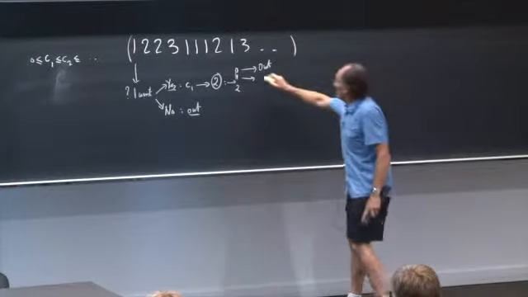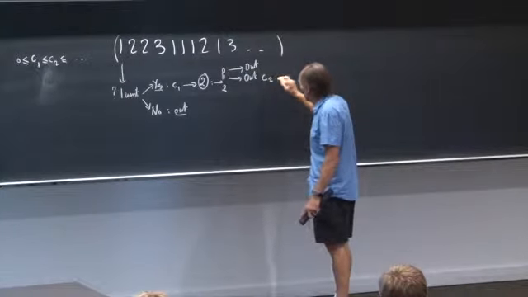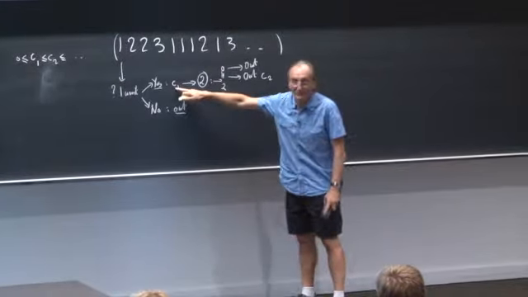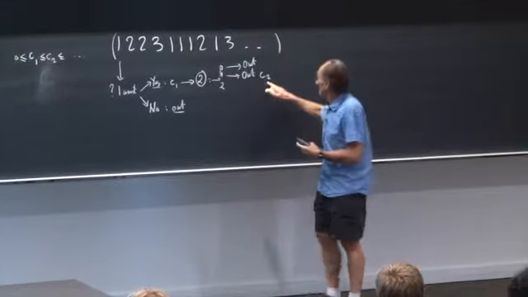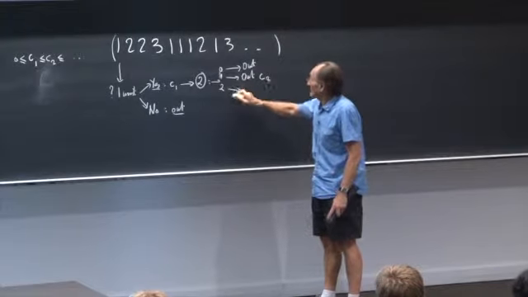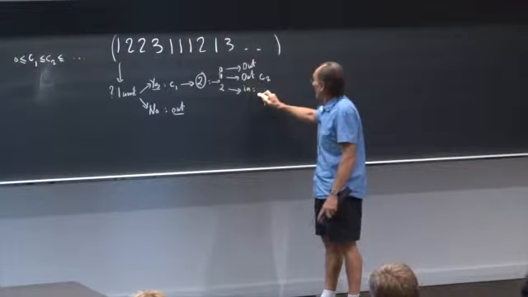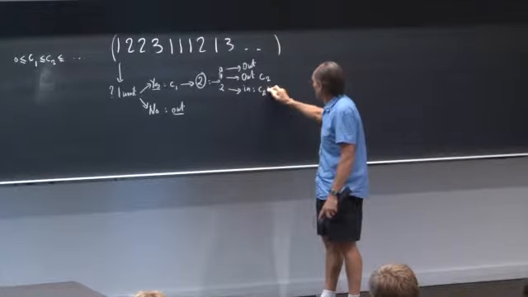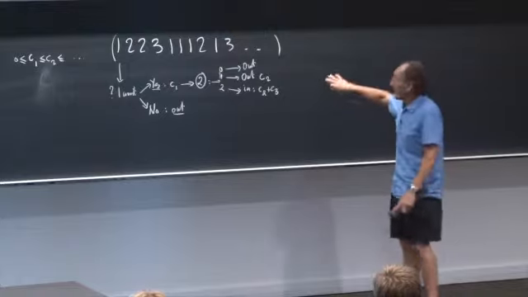So he's out, but he does get his unit, and he pays C2, because the first guy has taken the cheapest first unit, so now he pays C2. And if he says, yes, I want 2, he's still in, and he has to pay C2 plus C3 for these 2 units. And we continue.